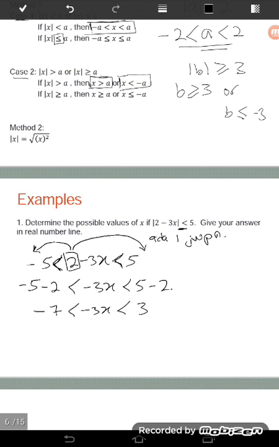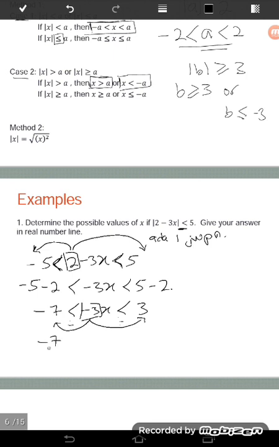Okay, so next. So negative 3 times by x. So bring to the left and right. So times become divide. So darab jadi bahagi. So since divide by negative 3, which is a negative number, what will happen to the symbol? So you need to change the symbol.